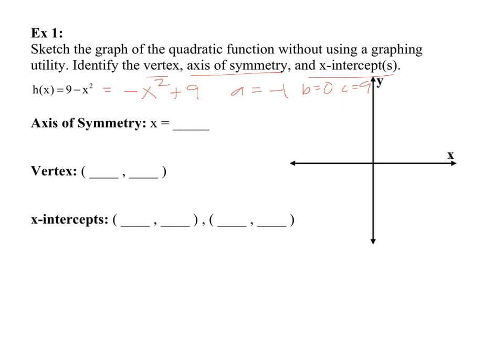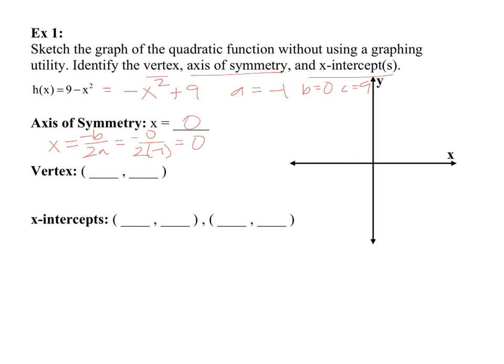Okay, so axis of symmetry, what is it? Well, x is equal to negative b over 2a, and b in this case is 0. So I don't even really have to do much math. I'm taking 0 and I'm dividing it by some number, which is 0. Okay.